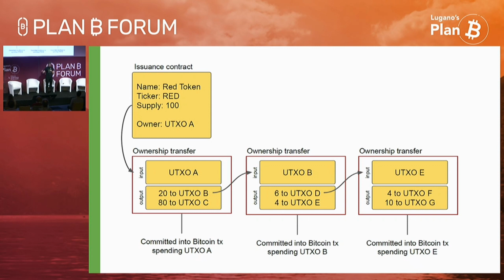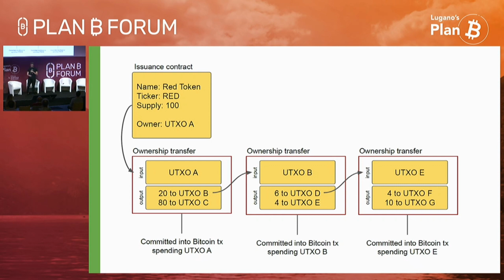And then, at this point, I will share this ownership transfer, which doesn't go on the blockchain, privately with my counterparty. He can validate that everything is okay, that input and output match, so there is no hidden inflation, that we respected the validation rules, and that UTXO A was actually spent in a transaction that is confirmed on the Bitcoin blockchain.